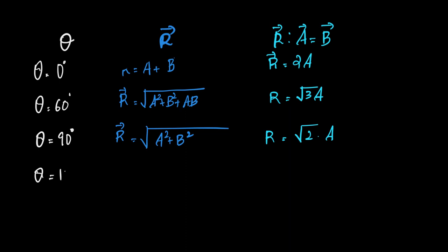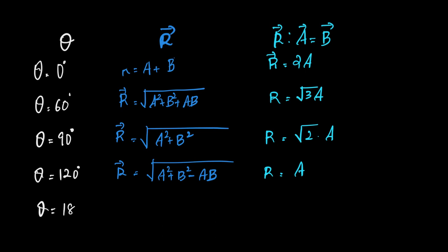Now when theta is equal to 120 degrees, what is r? R will be equal to root of a square plus b square minus ab. When vector a is equal to vector b, r is equal to a.